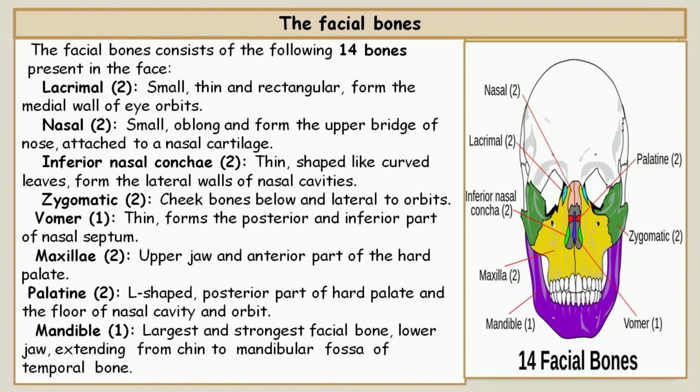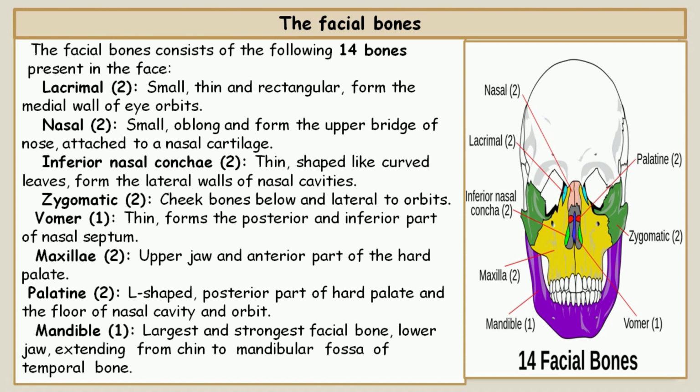The facial bones consist of the following bones present in the face. Lacrimal, small and rectangular, form the medial wall of the orbits. Nasal, small and oblong, forms the upper bridge of the nose attached to nasal cartilage.